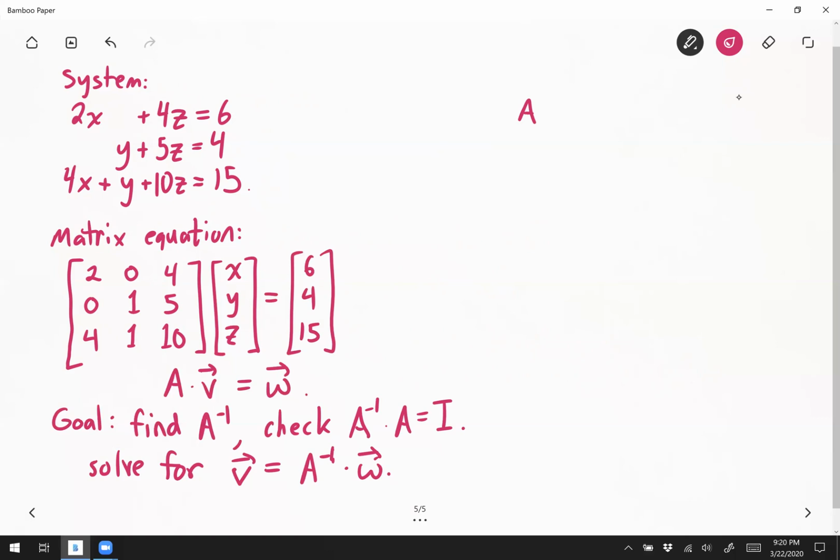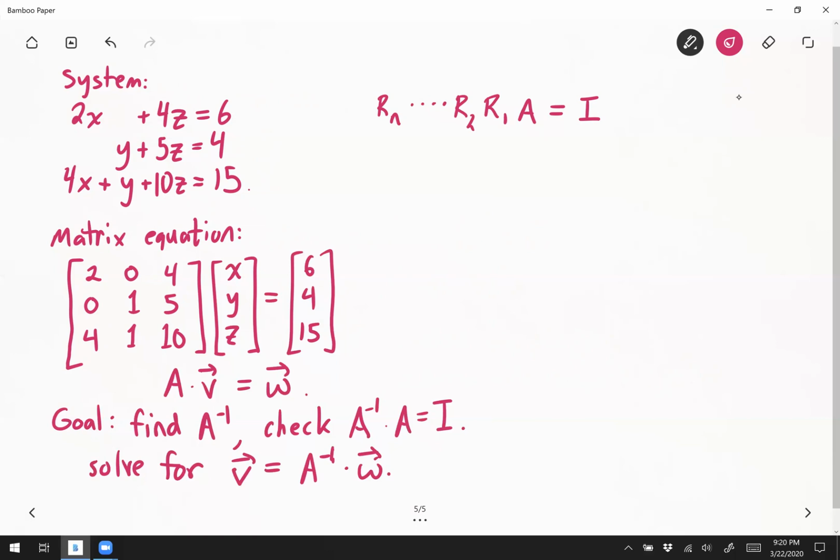Maybe I'll write those row operations. You do a row operation and another row operation, keep on going, do some number of row operations until you get the identity matrix. So you get all these different row operations here.